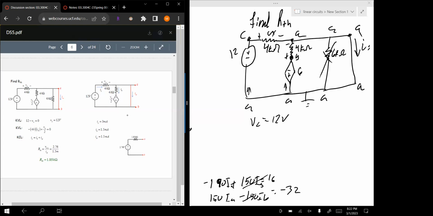Okay. God damn. So they say VOC is 2.76, I short circuit is equal to... Why is it 1.5? Let's see. Still working on it. Where do they do KVL? They did KVL here among this loop.